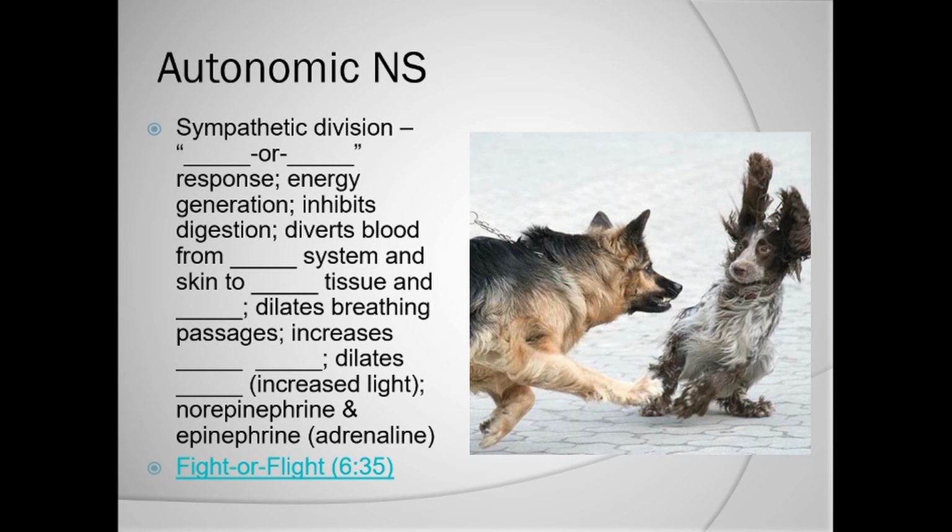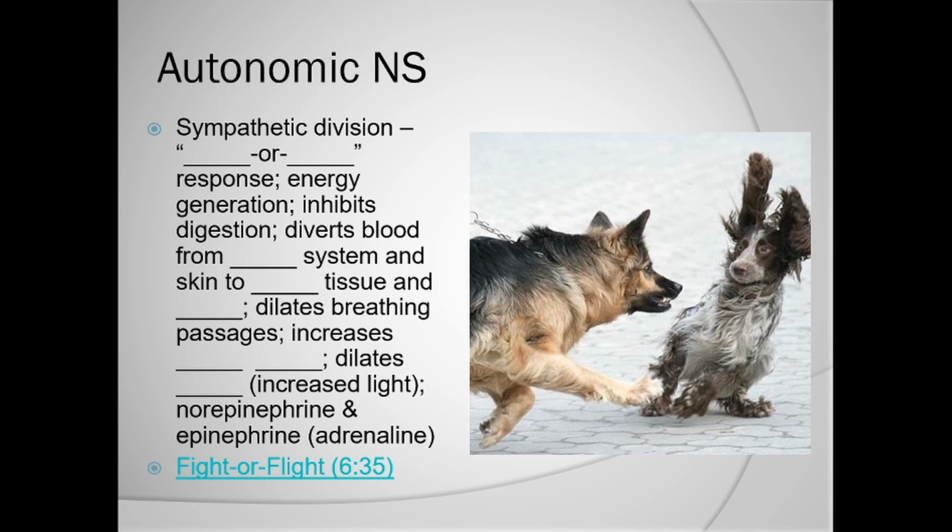This is all about energy generation, creating loads of ATP, the energy molecule. It inhibits digestion. And so the blood, the circulation, the blood is diverted from the digestive system and our skin. And so that's why sometimes we look pale when we are in fear, or we want to flee from something, where blood leaves the skin and the digestive system, and it diverts it to muscle tissue and the lungs.